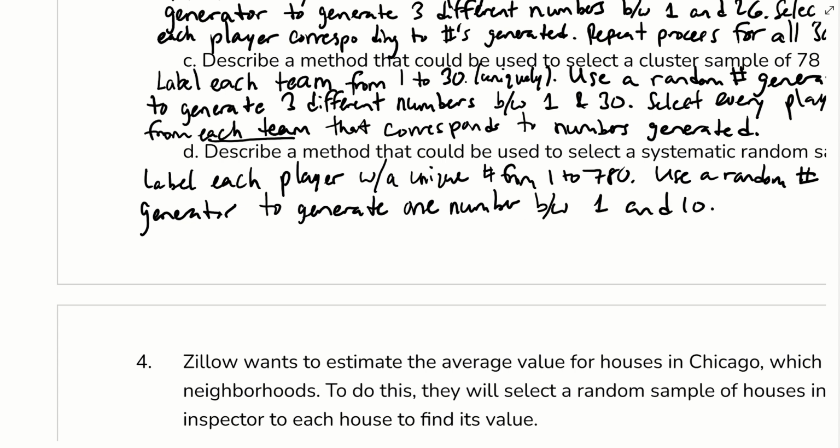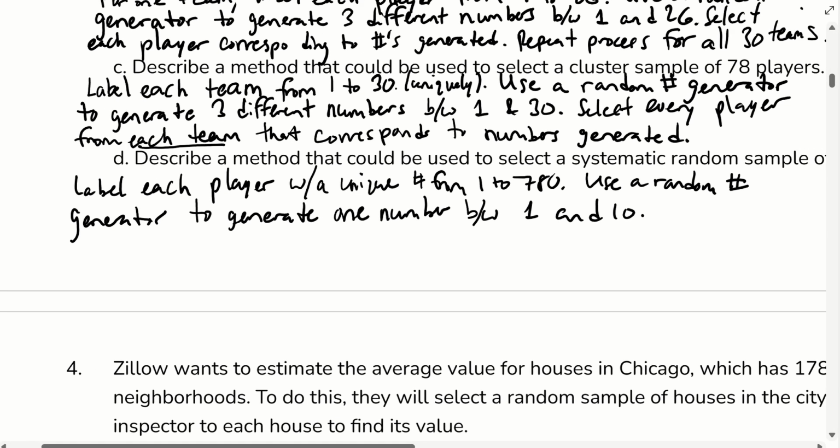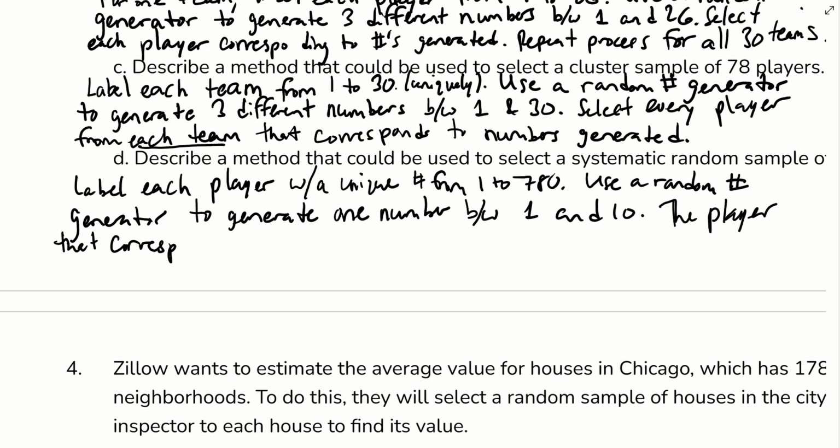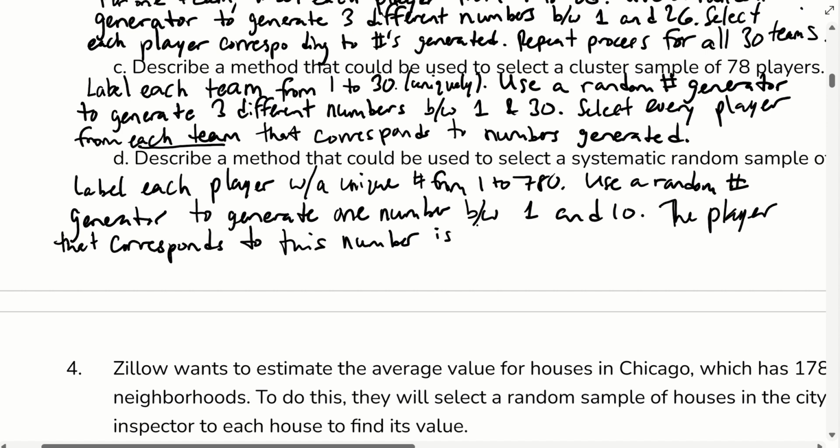So this is what I was saying. I was going to pick from between the first 10 to start with. I'm going to randomly choose one of those. The player that corresponds to this number is the first player selected.